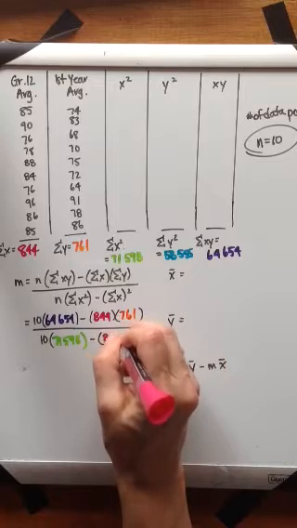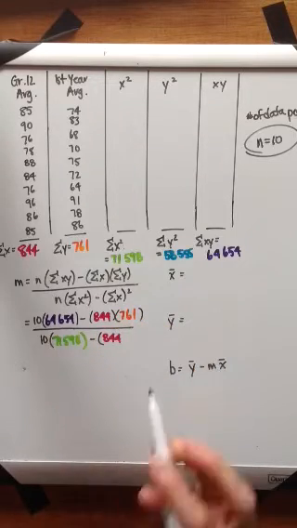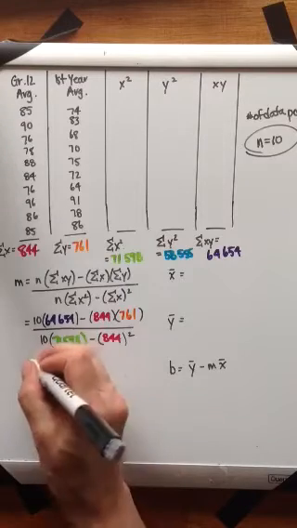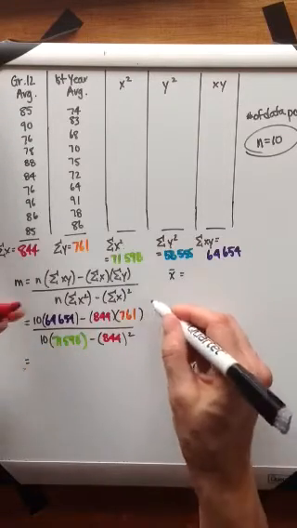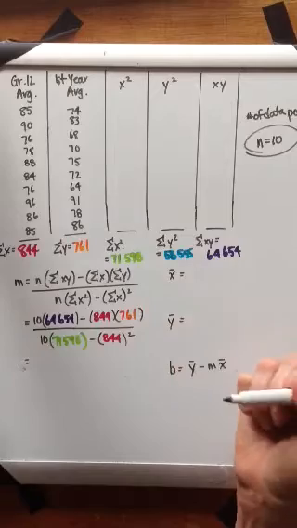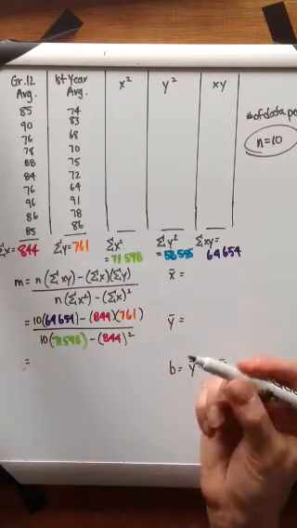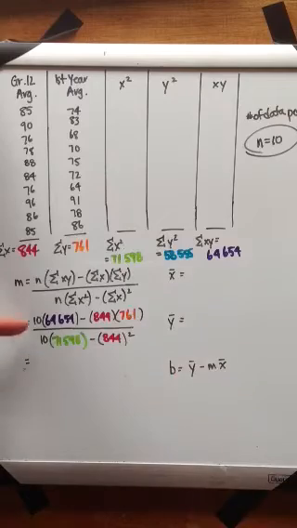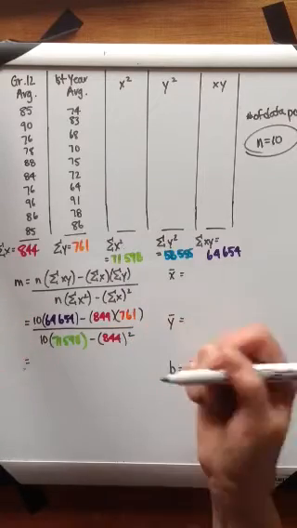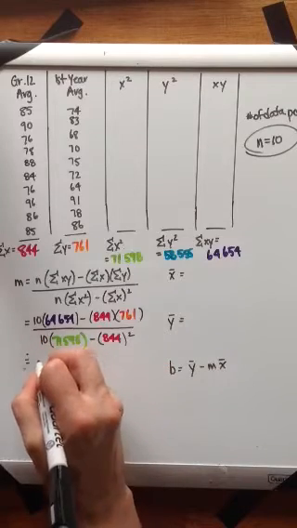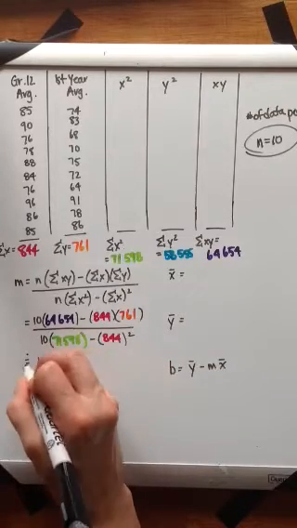So 844 quantity squared. In your calculator you can do this all at once, but you should use brackets around the numerator, brackets around the denominator so that the division gets done properly. Or you could do the numerator separately, the denominator separately, and then do the division at the end. And you'll find that it comes out to approximately 1.17.